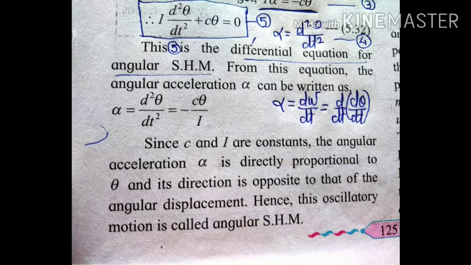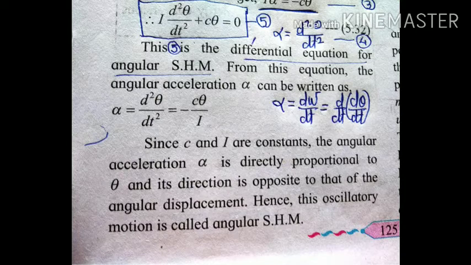In this equation, C and I are constants for a given motion, and therefore angular acceleration alpha is directly proportional to the angular displacement theta, and the direction of angular acceleration is opposite to the angular displacement theta.